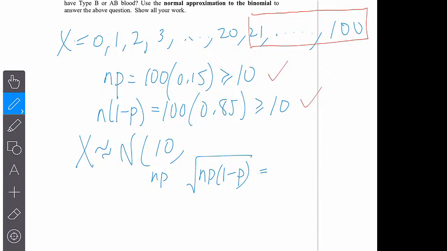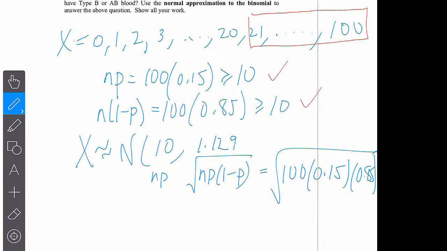That's 100 times 0.15 times 0.85 and square root. I get 1.292, if I did it right.